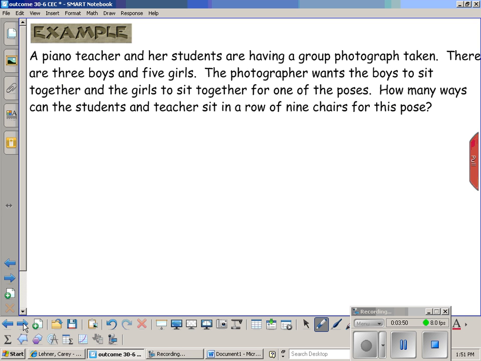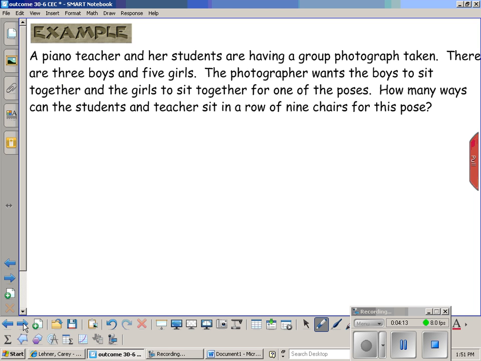Order does matter in this case. It matters if you're sitting next to Sally in this picture or Jenna in that picture. All right, the order is important, but within the order, we're not just ordering 9 people. Within those 9, we also want the teacher, we want the boys together, and we want the girls together.